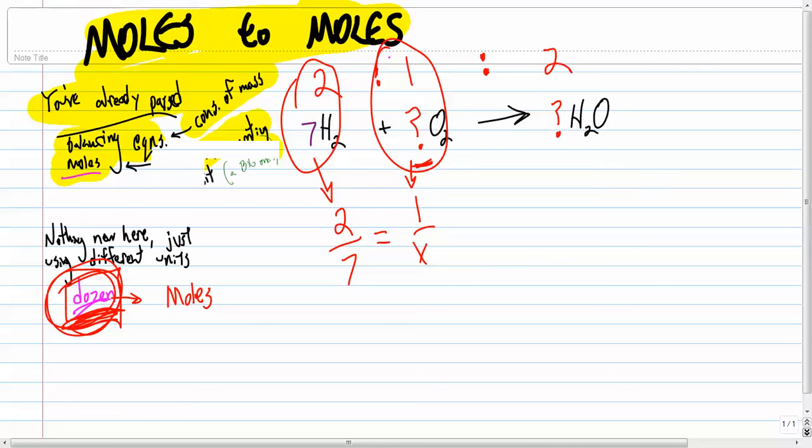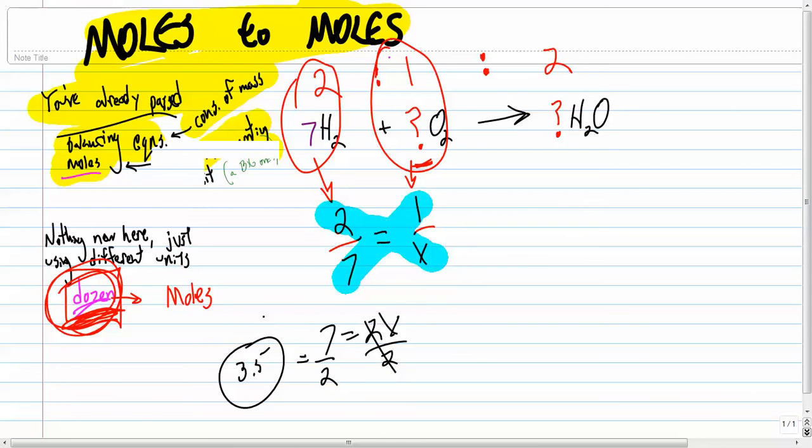So you've done stuff like this before. 7 times 1 equals 2 times x. So what do we have then? We have 7 equals 2x. If we divide both sides by 2, we wind up with 3.5. So if I were to say on a quiz, if you have 7 moles of H2, how many moles of oxygen do you need to react with it? Your answer would be 3.5.